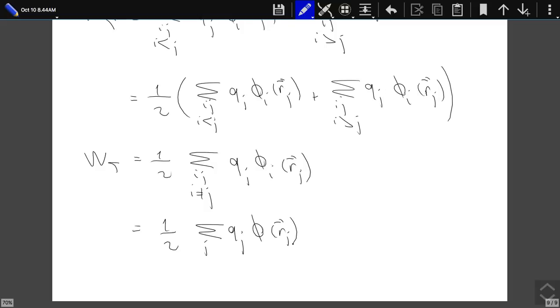The problem will be, as we will see shortly, at least in the discrete case, there's a serious problem, because i equal to j would be the potential created by the charge at its own position, which is proportional to the inverse distance from the position of the charge, which is 0. So the term we are kind of adding in the case of discrete charges is infinite. In the case of continuous charges, that term might give a finite contribution.